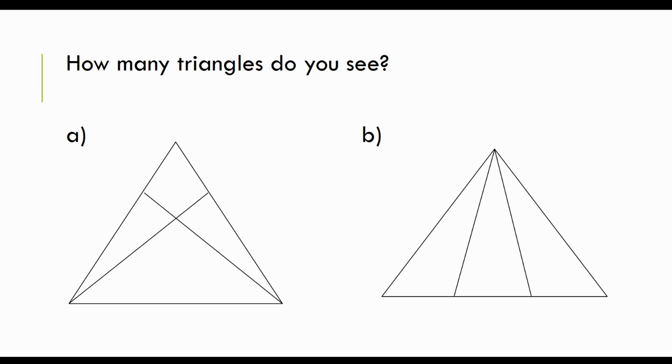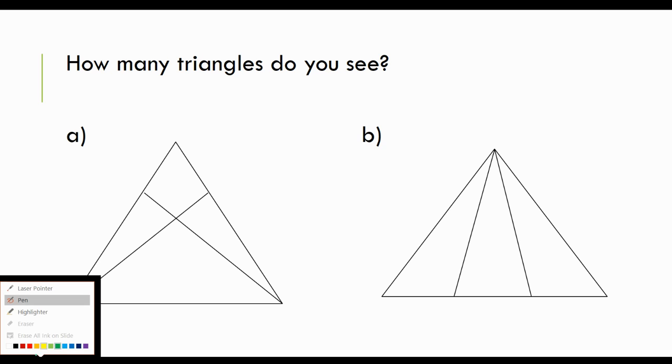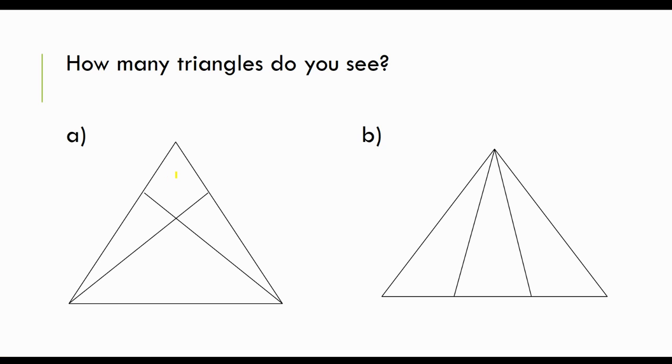All right, so hopefully you took a moment to look. In the first one, we should have 1, 2, 3, 4, 5, 6. Here, let me see if I can highlight them for you. If I was to color in all of this, there's one triangle. Then on the other side, there's a second triangle.